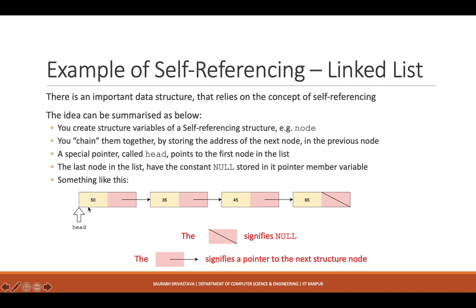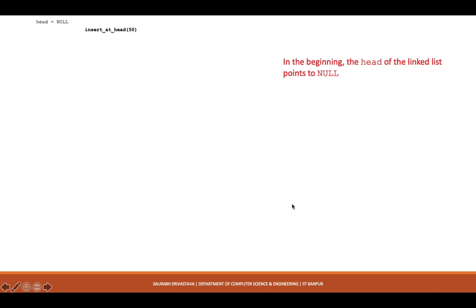I start from here, and then if I check the contents of the next member variable, I can go here. Similarly, if I check its next member variable's content, I can go here and then here. So this is basically how a linked list looks. And let us just have a very simple example of how a linked list can have insertions and deletions.